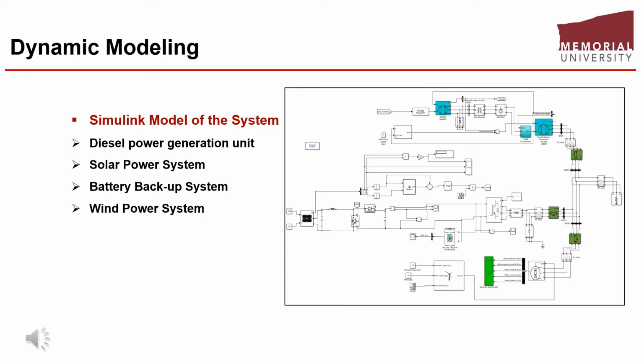In this section and the following section, we're going to change some dominant parameters such as solar irradiation and load demand, and check the results of output parameters such as output voltage, currents, and output power, and also the state of charge of the battery to check the stability and reliability of the system.